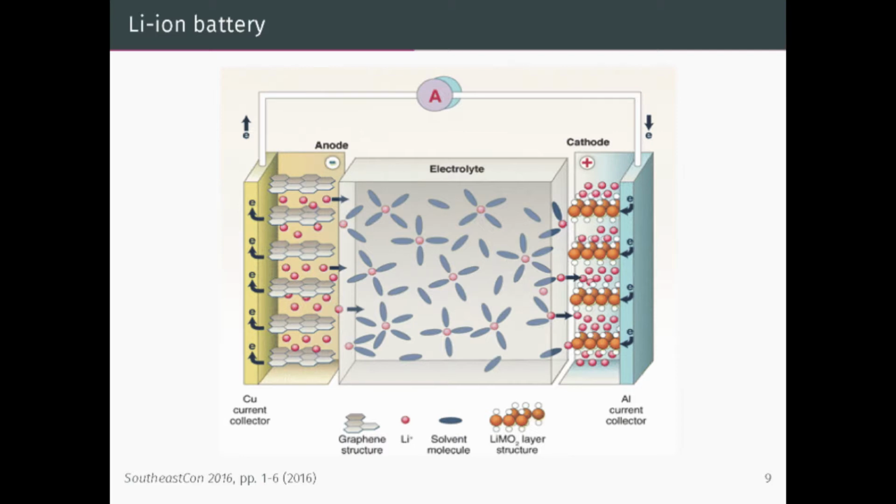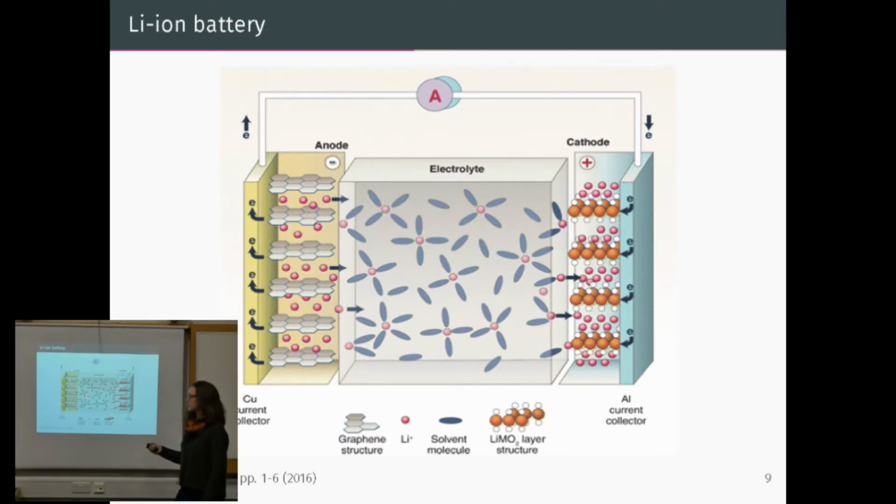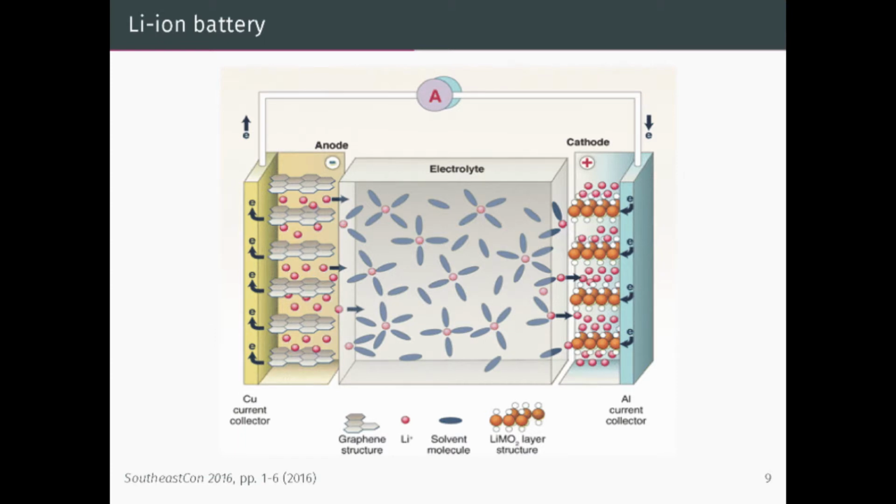So why is that? Well, one main factor is right over here at the anode. You'll possibly remember this from one of the initial slides. This is a graphite structure over here. So this anode is very cheap, and it's easily processable. It's great for making the battery a little bit cheaper. However, it has a very limited capacity. So there's only a certain number of lithium ions that you can actually put into this structure before it gets filled up, and then you get no more capacity out of your battery.